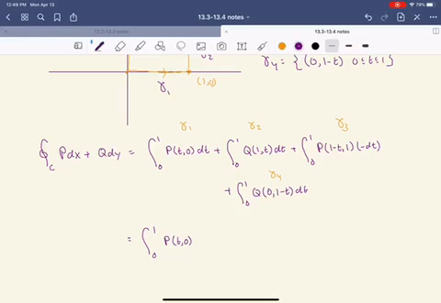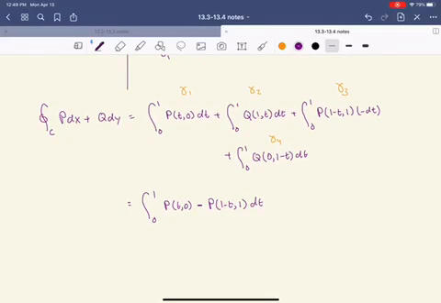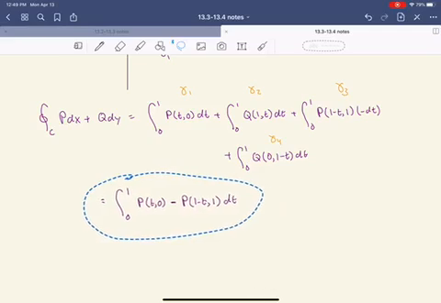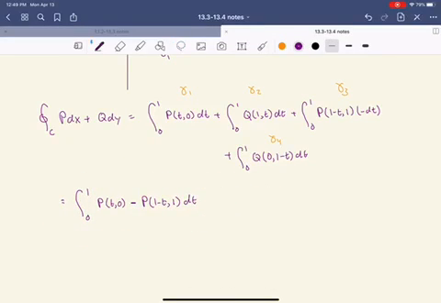Now, putting that together with this, we write minus, because of this minus, p of 1 minus t, 1 dt. So far, okay? All right, plus let's put the q terms together. The integral from 0 to 1 of q of 1, t dt.